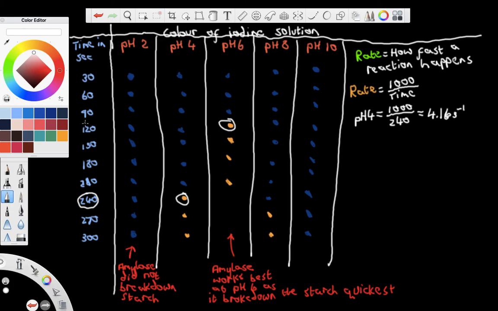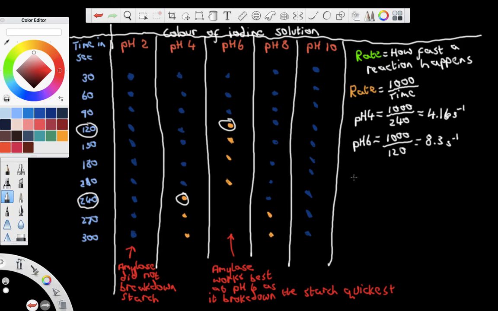For pH 6, I could do 1,000 divided by 120 to give me a rate of 8.3. Unit of speed per time.